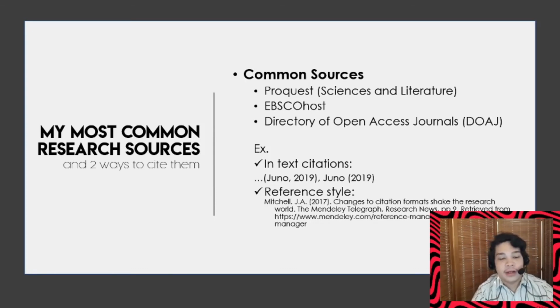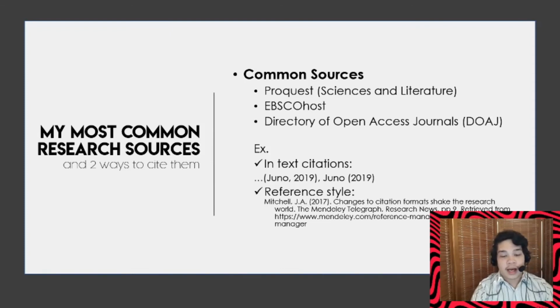The two ways that I cite them are in-text citations and reference style. In in-text citations, there are two ways of doing this. One is to put both the last name and the date inside a parenthesis, separated by a comma, or we could use the latter, which is the last name and the date enclosed by a parenthesis.